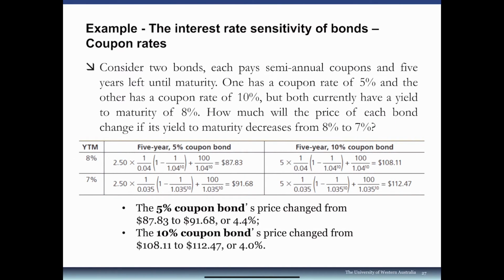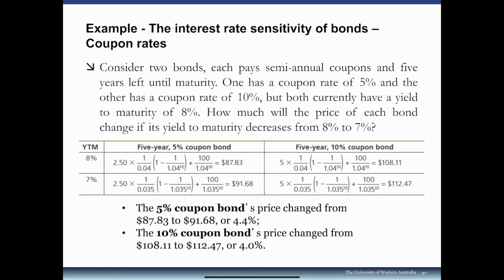All right, in this second example, we're focusing on how the coupon rate affects the interest rate sensitivity. Here we have two bonds, each paying semi-annual coupons, with 5 years left until maturity. There will be 10 payments. One has a coupon rate of 5%, and the other has a coupon rate of 10%. But both currently have a yield to maturity of 8%.